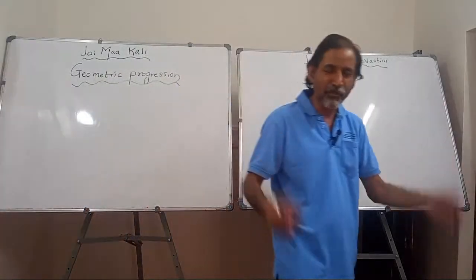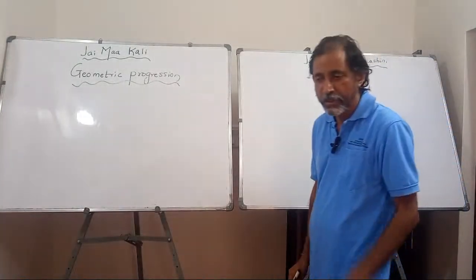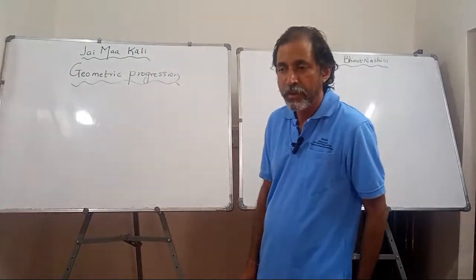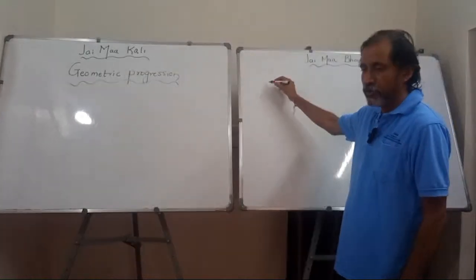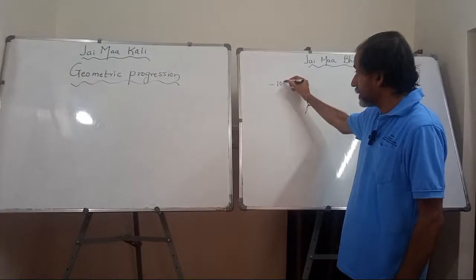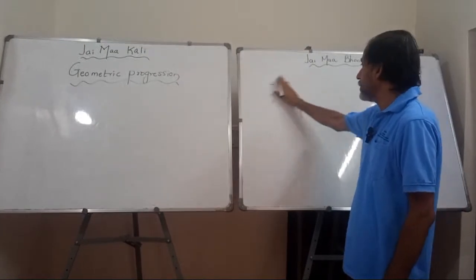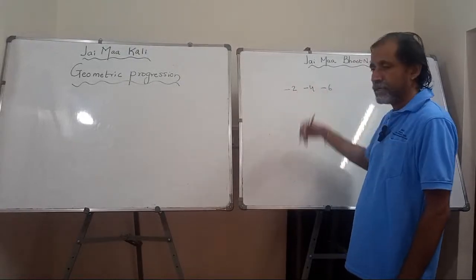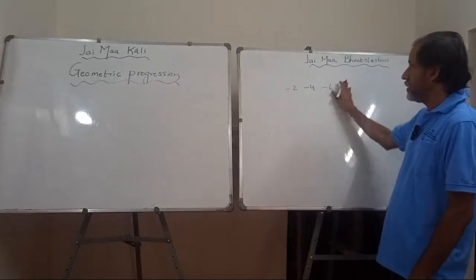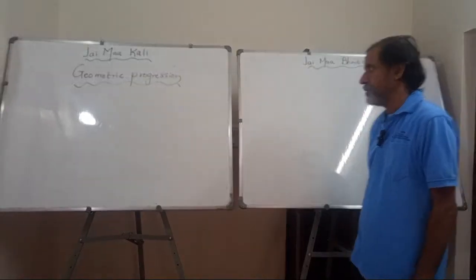Just guess what it could be. Progressing downwards in geometry? No. Even arithmetic progression can be downwards. Remember minus 2, minus 4, minus 6, it's going back, right? Okay, very good, though that is not right.